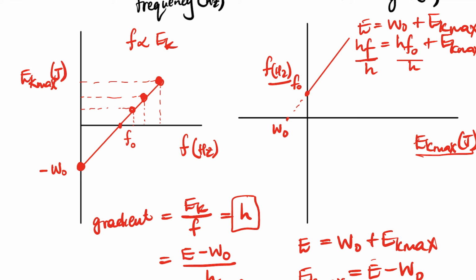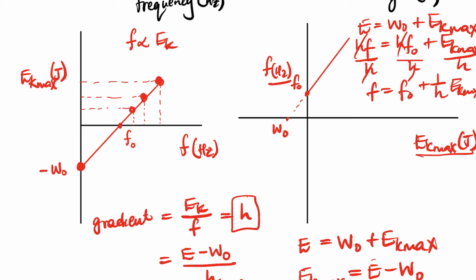So we divide by Planck's constant, and that cancels, so F is equal to 1 over h times the maximum kinetic energy, plus the threshold frequency.